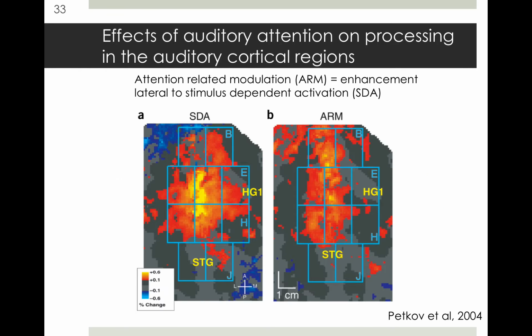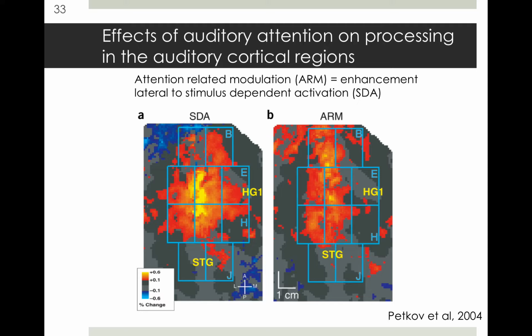And so here they are just looking at the auditory cortex, in the superior temporal gyrus and the Heschl's gyrus. What they're seeing here is SDA, which stands for stimulus-dependent activity, which is the activity that's elicited by the auditory stimulus without attention being directed at it, when attention is directed away from the auditory stimulus to the visual stimulus.